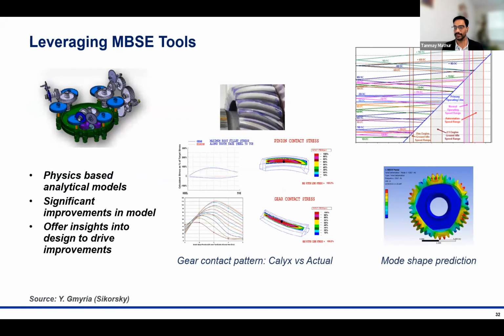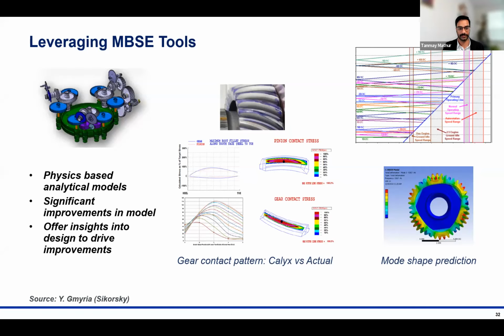But with these new model-based system engineering tools, it's possible to study the dynamic response and the contact patterns, and these are already very much validated with the experimental analysis.